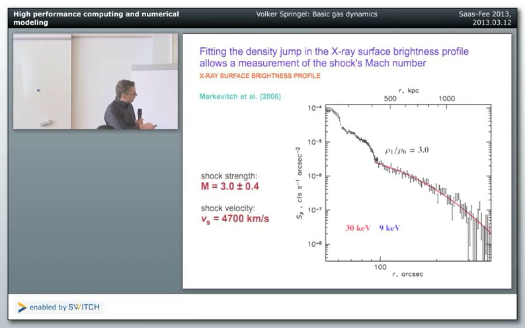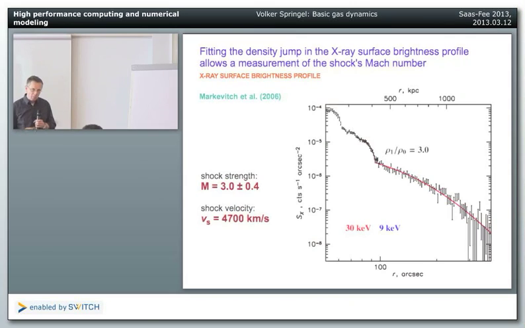And here the model fits this perfectly for a density compression ratio of 3. If you remember the formula, the density jump of a shock is directly related to the Mach number of the shock. So from this measurement, you can now infer the Mach number of the shock, which is 3 in this case, roughly.